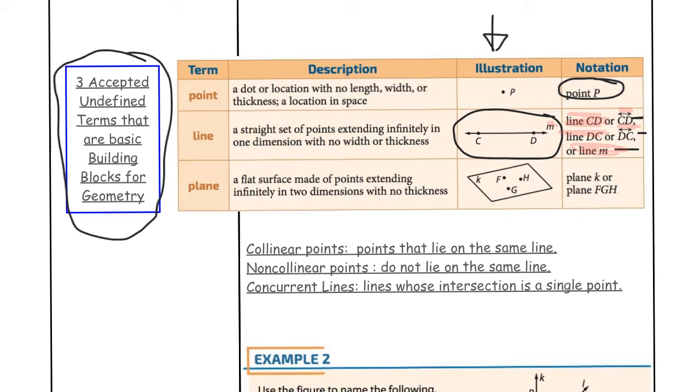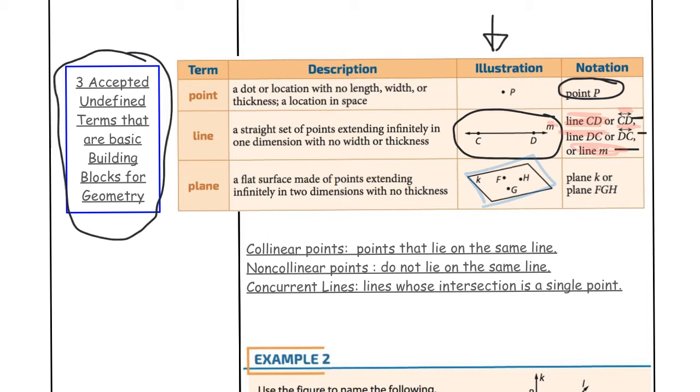The third accepted undefined term is a plane. A plane is a flat surface made up of points extending infinitely in 2 dimensions with no thickness. A plane is like a piece of paper that continues to extend both horizontally and vertically. This right here is our plane. Typically we use a parallelogram type shape to define a plane.